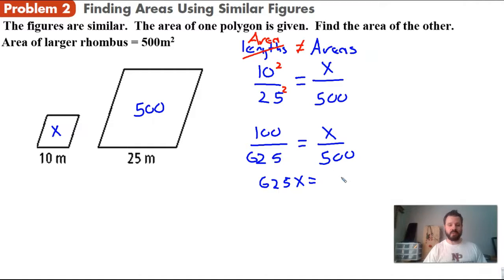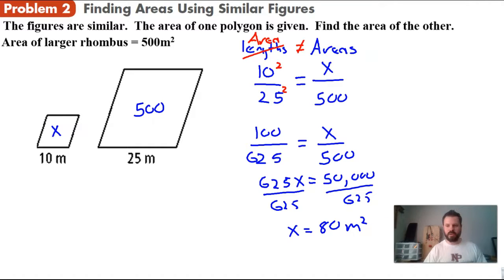That's equal to 100 times 500, which gives me 50,000. Cross multiply and divide, and we end up with x is equal to 80. We're talking area, so 80 meters squared for this one.